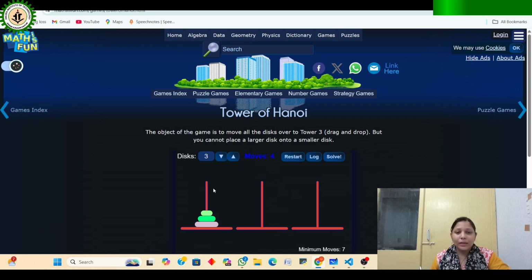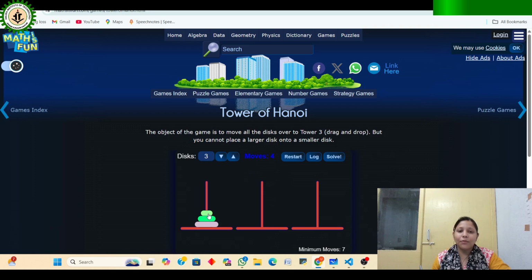You can see the main thing in Tower of Hanoi is that there are three rods. One is the source, this is the auxiliary, or we can say intermediate rod, and this one is the destination rod, and these are the stack of disks.